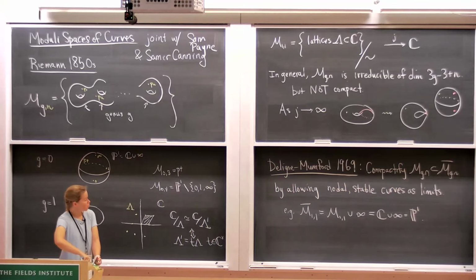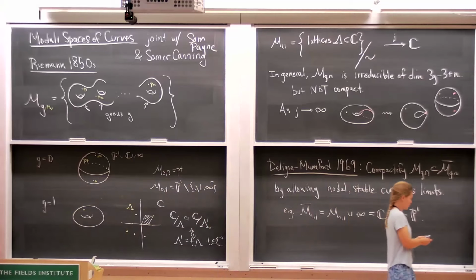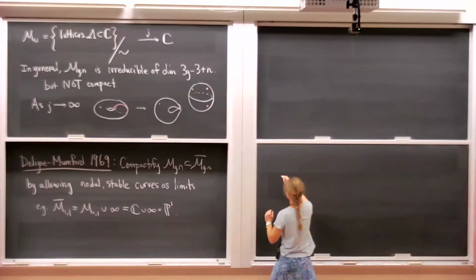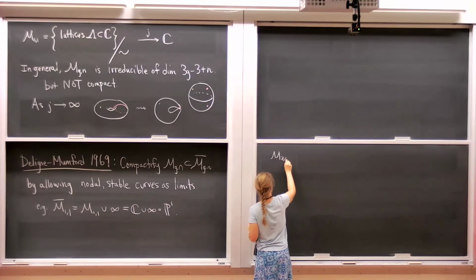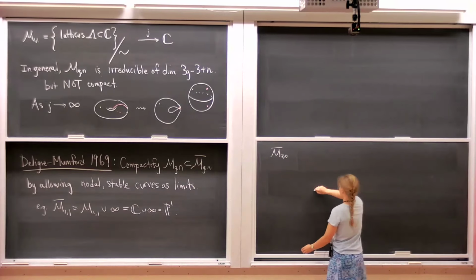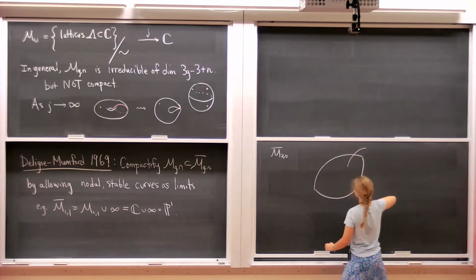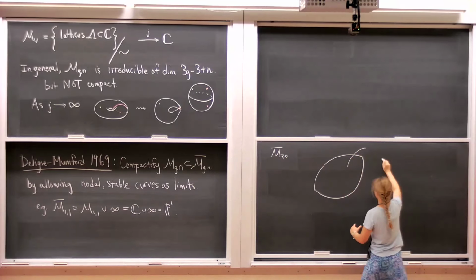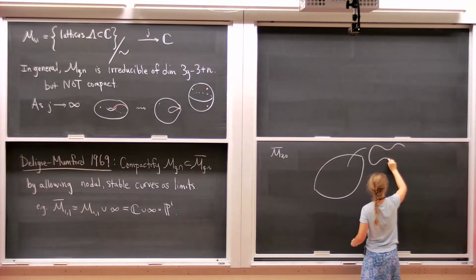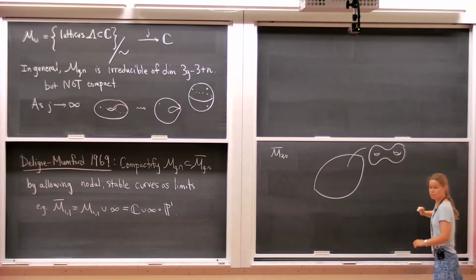So we'll get a more vivid picture if we look at a slightly larger example. So I want to draw now for you a picture of M20 bar. So a general point in this moduli space corresponds to a smooth genus 2 curve.